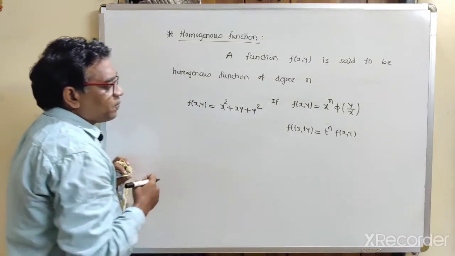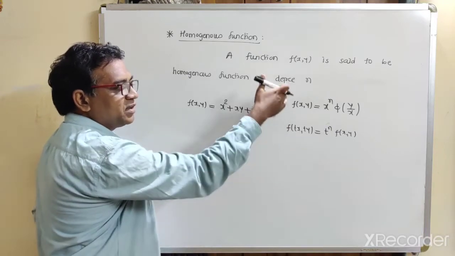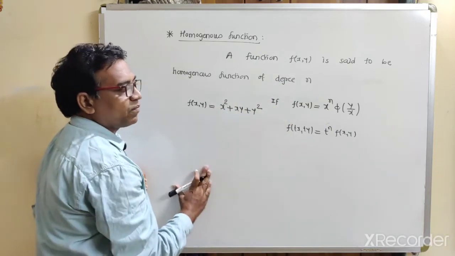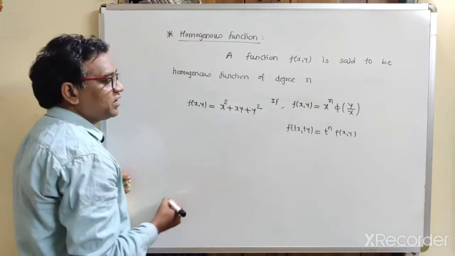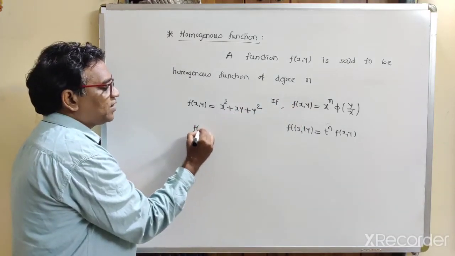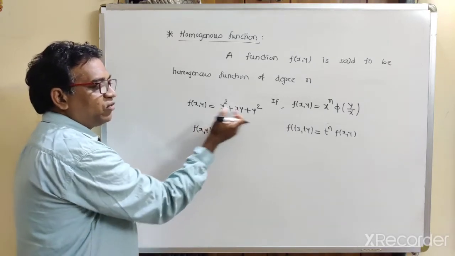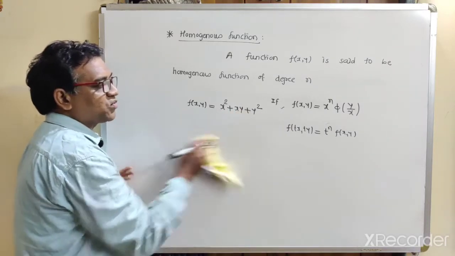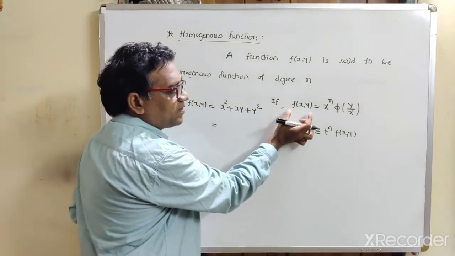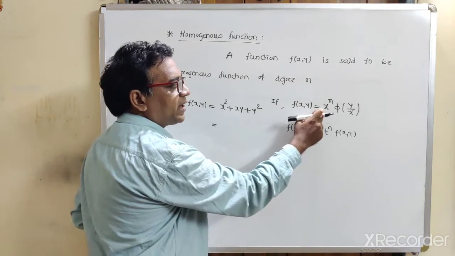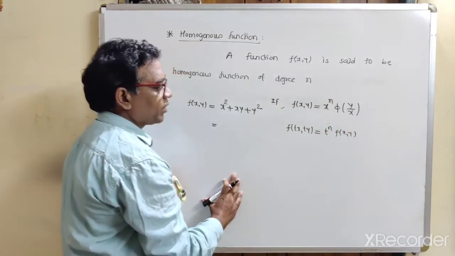Now let us prove this is a homogeneous function of degree 2 by using these two definitions. First of all check this first definition. Consider f(x,y) equal to x square plus xy plus y square. Now express this function in terms of x raised to n into another function of y by x.